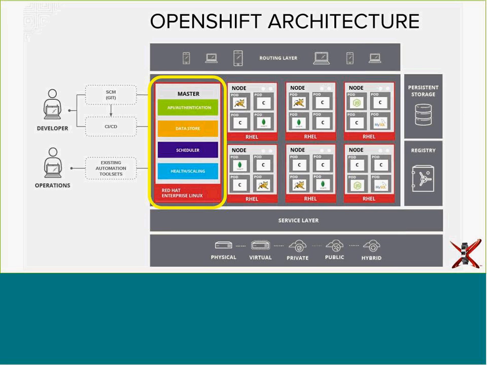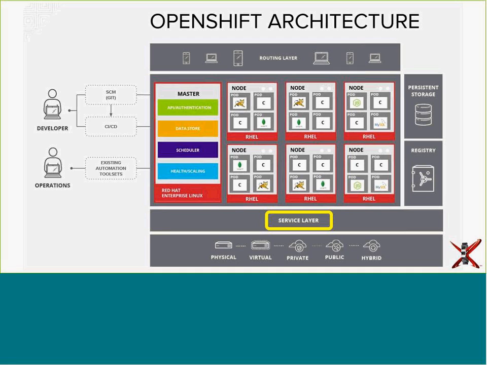The master node looks after API authentication. It's going to do things like keeping track of what the current state of the cluster is and what the desired state is. It's a scheduler that works out where to put work on the worker nodes, and it does the health and scaling. So it will look after monitoring the worker nodes to work out whether or not something needs to be scaled up.